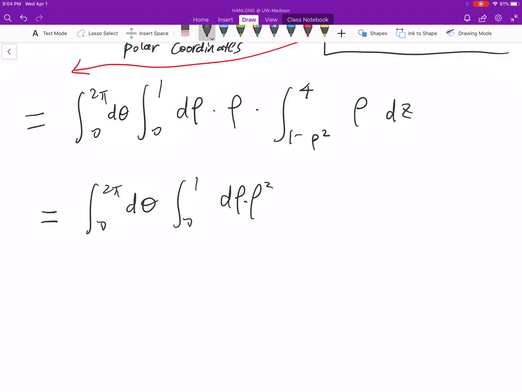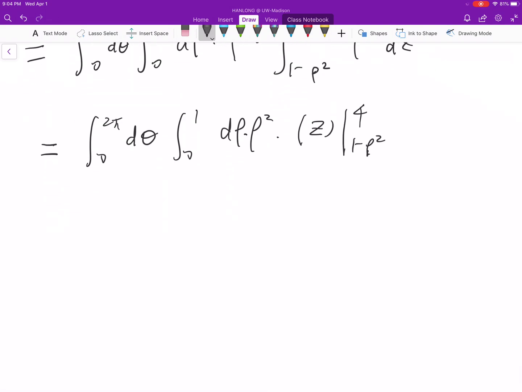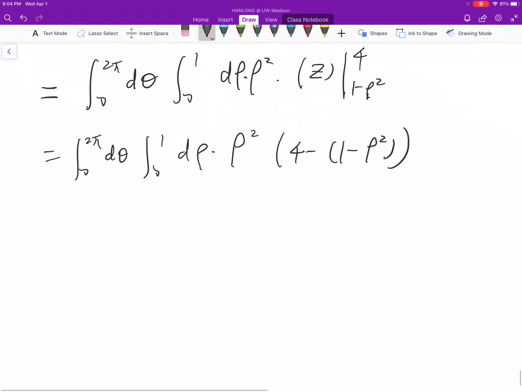You have z evaluated from 0 to 1 minus rho squared, and then 0 to 2 pi d theta, 0 to 1 d rho, rho squared, and 4 minus (1 minus rho squared). Here you actually have rho squared plus 3.